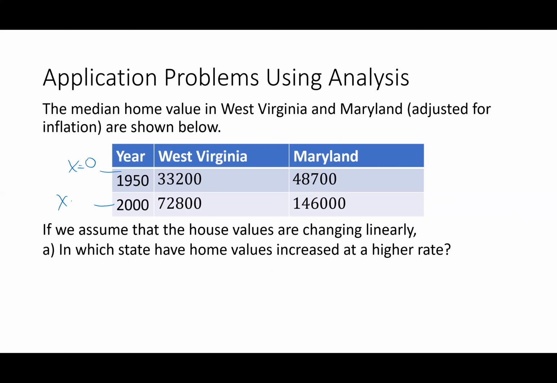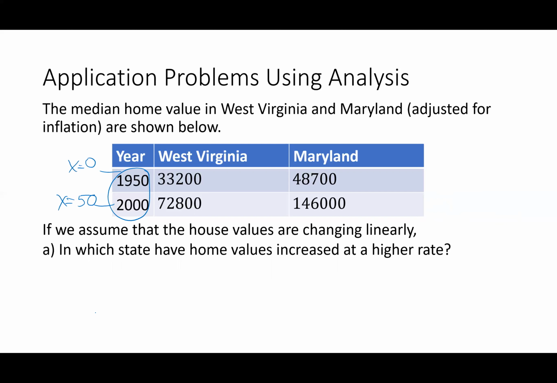So it's going to make life easier for us to just say x is 0 and x is 50 in this case, just for our years. The first thing I'm going to ask you to do is figure out which one has a higher rate. So in order to do this, you're going to need to compute the slope. Go ahead and pause the video and compute the slopes for West Virginia and for Maryland.